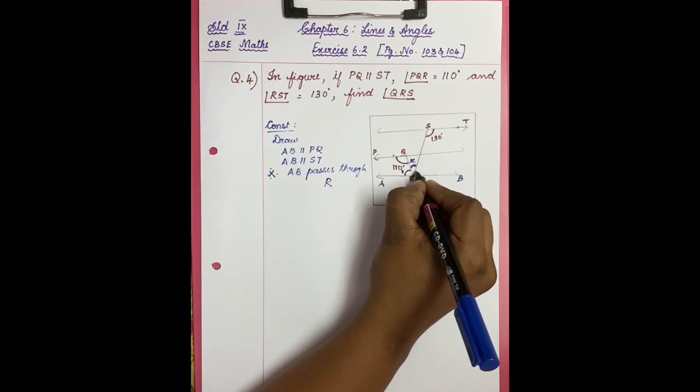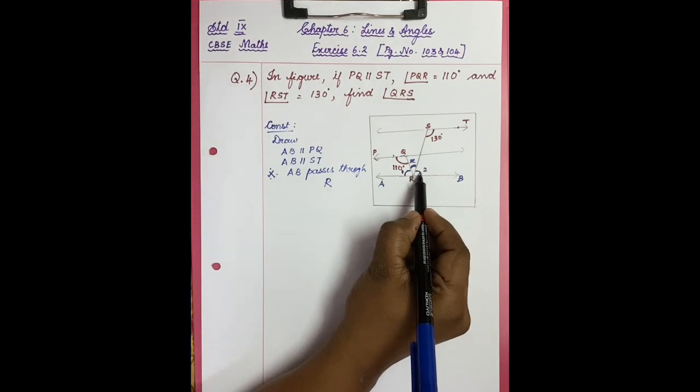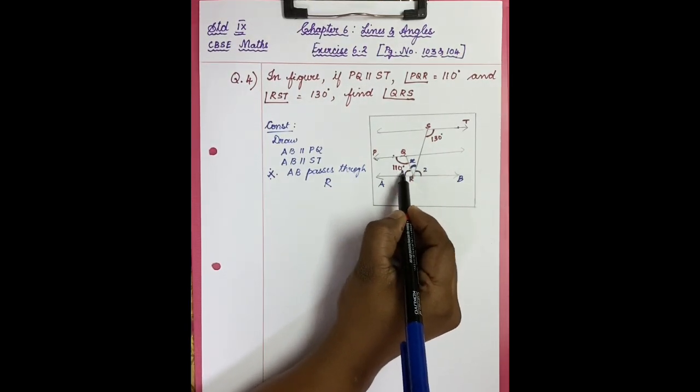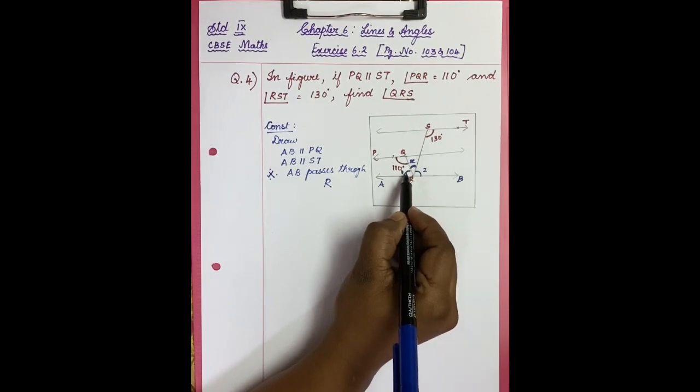I will call this angle 1 and this angle 2. Now, from angle 1, angle 2 and x, there are three unknown angles. Using these three unknown angles, we are going to find x. This is the actual way you can solve this problem.